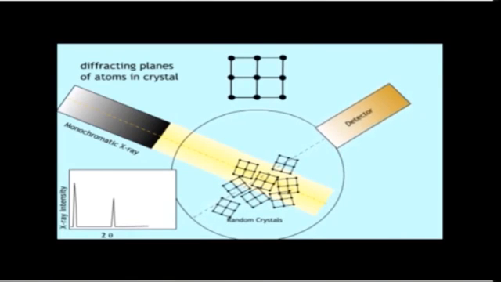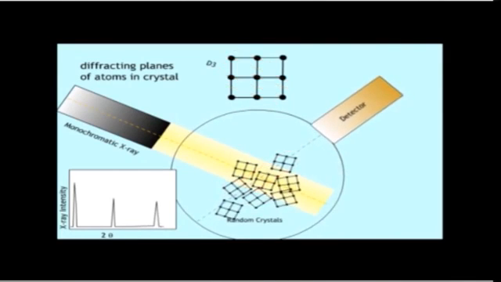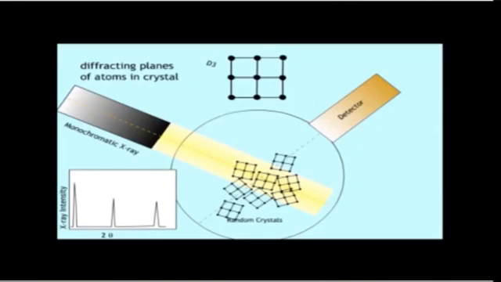Basically, the whole thing works in such a manner that as you have a regular crystal structure, the regular distance between these lattice planes works in terms of the diffraction of the crystal. That generates what you call constructive interference in the system. And by looking at that constructive interference, we find out what kind of crystal structure it is, if at all it has a crystal structure.